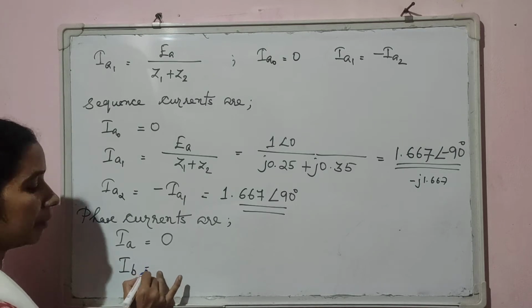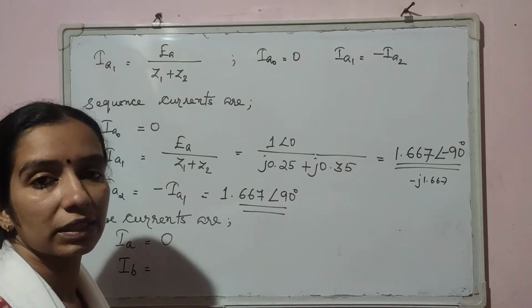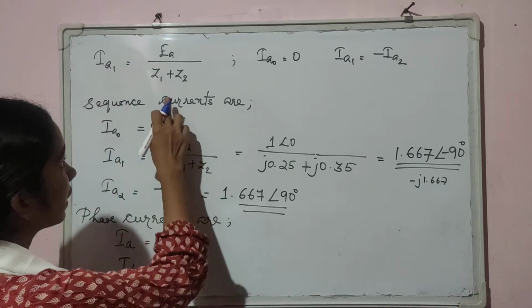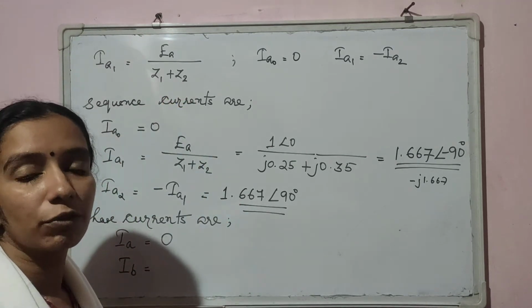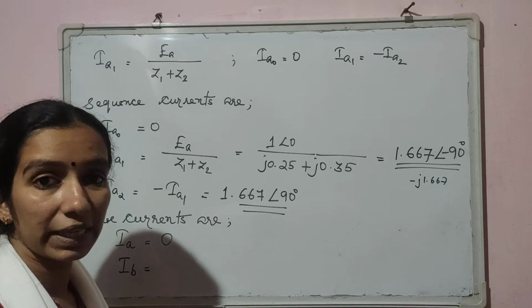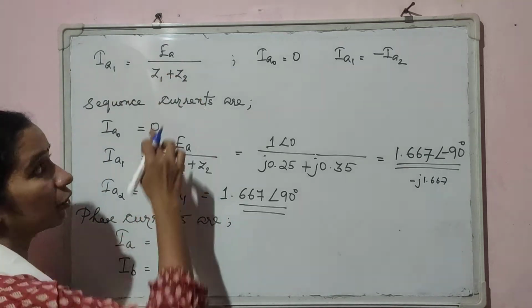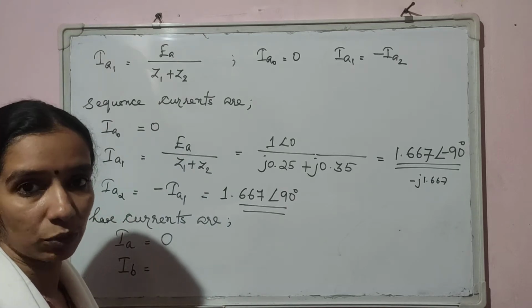Now IB. So we know that IB is the fault current. IB is equal to the fault current IF, and for a line-to-line fault, IF is equal to minus j root 3 into IA1. That is minus j root 3 into EA by Z1 plus Z2 here.